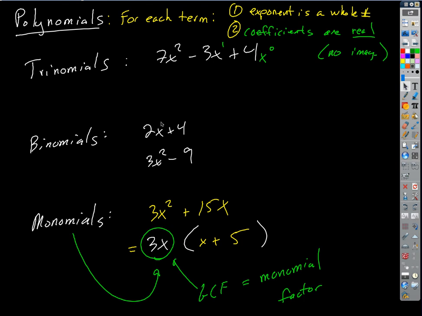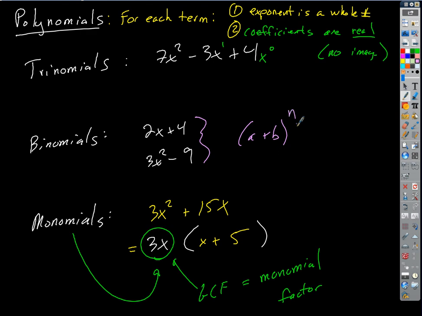A lot of times we talk about binomials because we're going to do binomial expansions. Here's where we're going with this in the next week and a half. We're going to want to know what happens if we take a binomial of the form a plus b, where a is going to have an x in it, and b may or may not have an x in it, and we take it to some power.